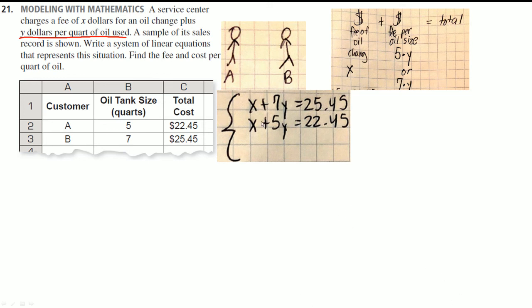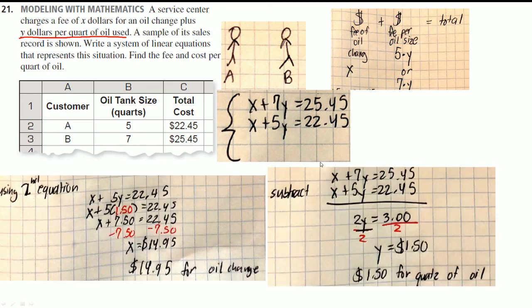So if you put in your system for the first person, it's x plus 7y is equal to $25.45. Second person, x, which is your fee of your oil change, plus $5 times the amount of oil quarts, so y is equal to $22.45. I just flipped this, and you're going to see why I flipped it. Here I did the subtraction, okay?